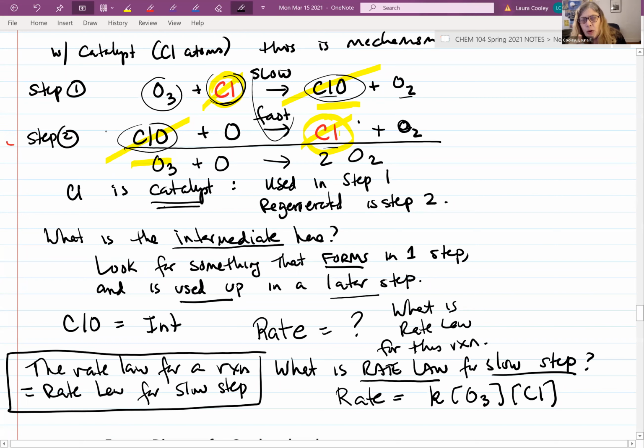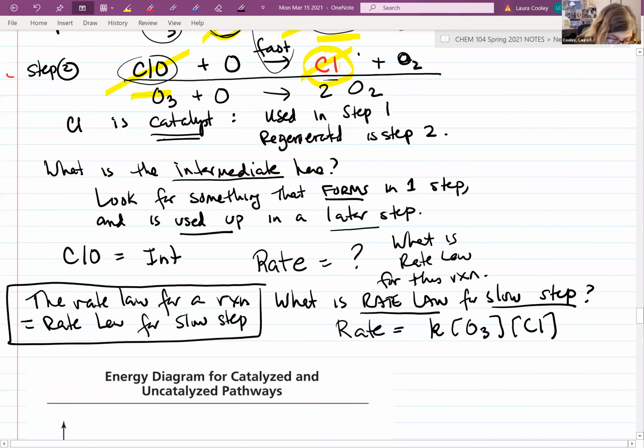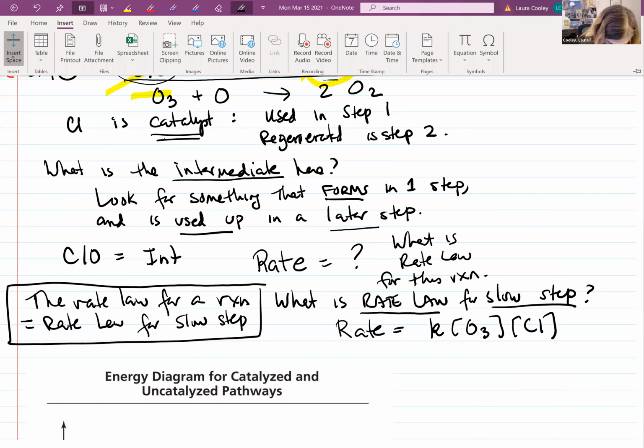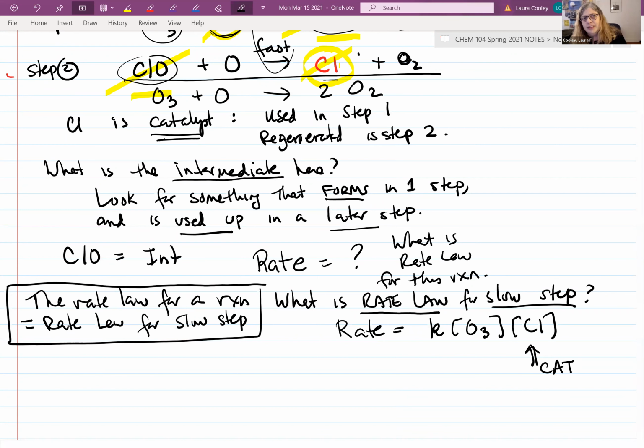Yeah. Well, then you need to know from now on that the catalyst can be part of the rate law. So here, this is the catalyst. Lots of times catalysts are in the rate law because where do you have a catalyst? You have a catalyst in the slow step, okay? And it's very intimately involved with the slow step.